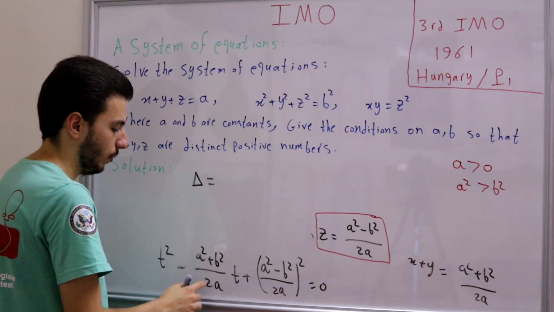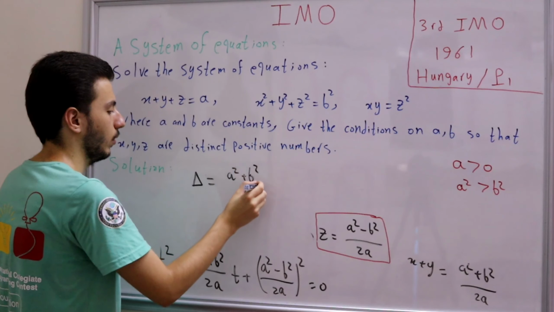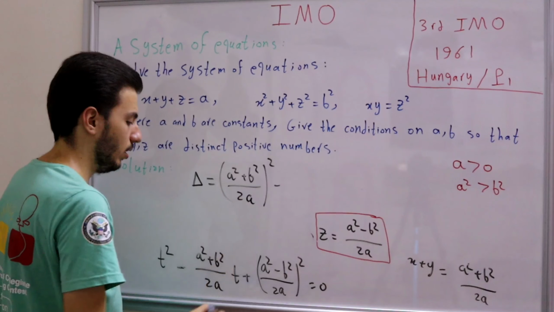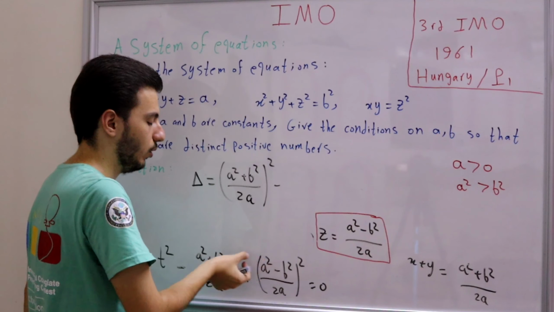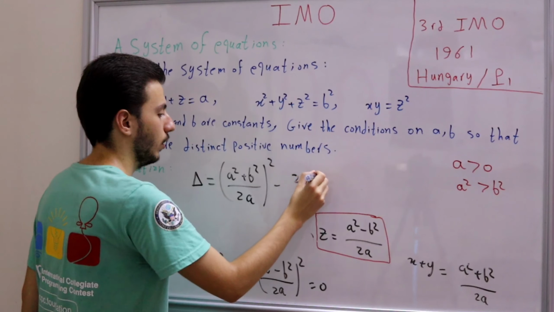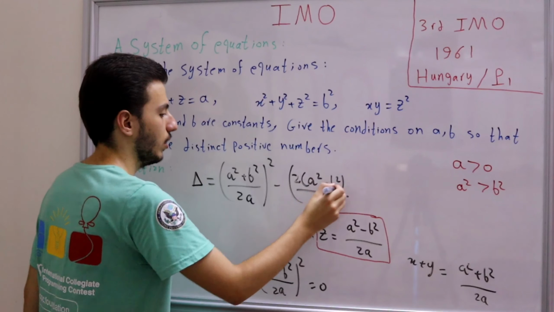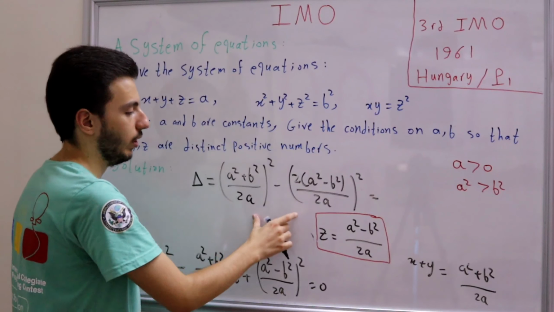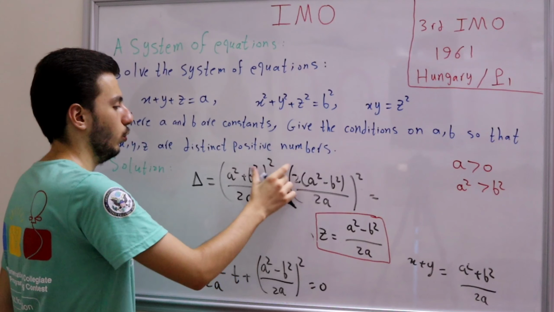So it's just a squared plus b squared divided by 2a squared minus 4 times this. In fact, let's get a 2 inside here. So it's simply 2a squared minus b squared divided by 2a squared. And what is that? Well, now we can just apply the rule of the difference of two perfect squares.